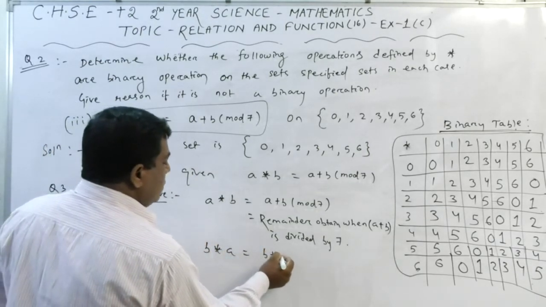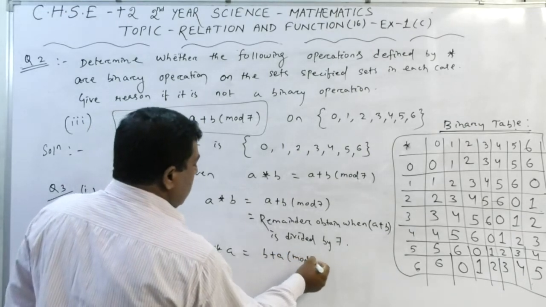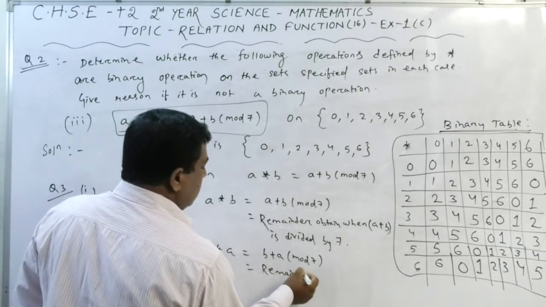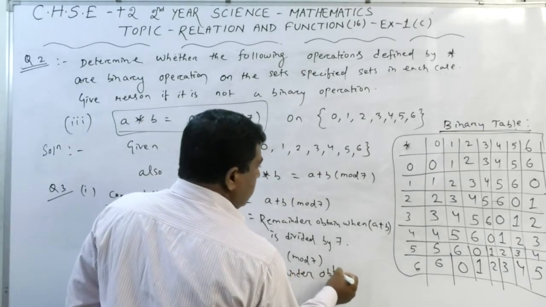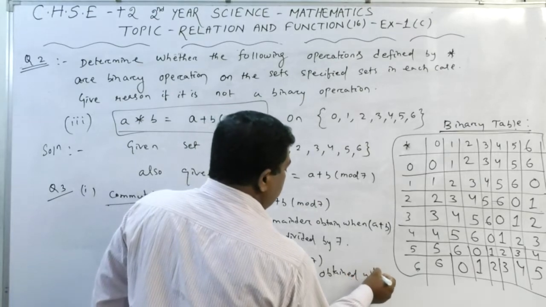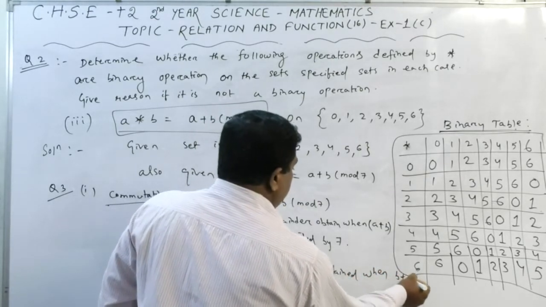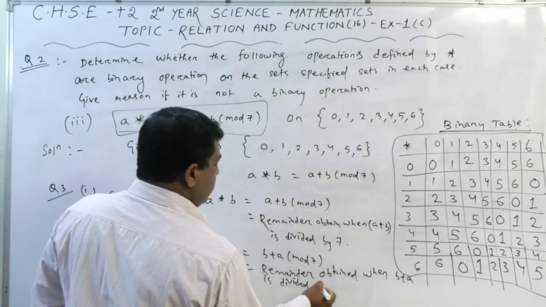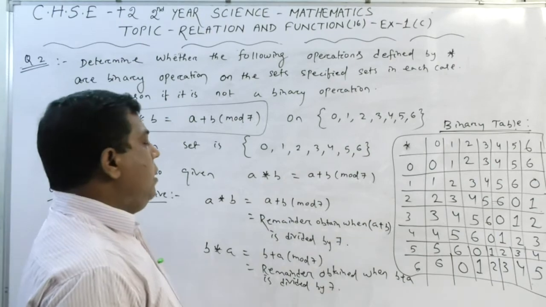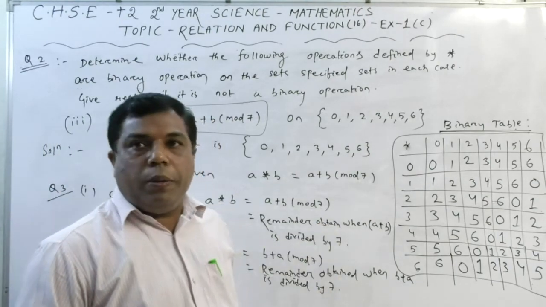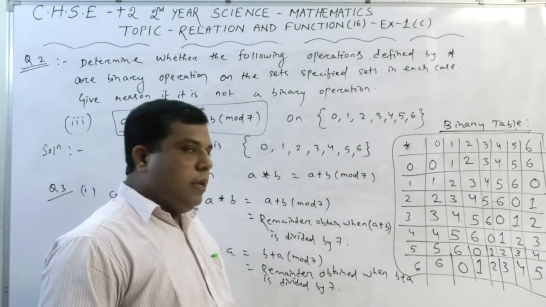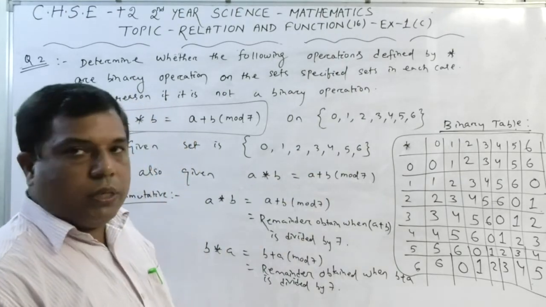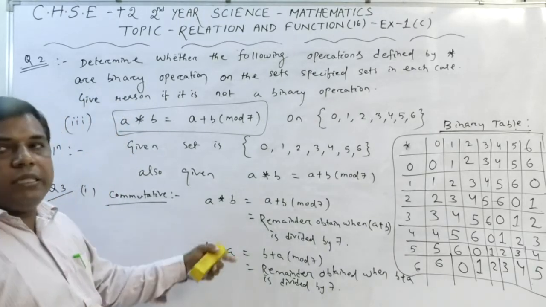It is B plus A modulo 7, and we can say the remainder obtained when B plus A is divided by 7. Okay, so here A plus B is equal to B plus A, that we know in case of our numbers 0 to 6. So we can say that these two have the same result.